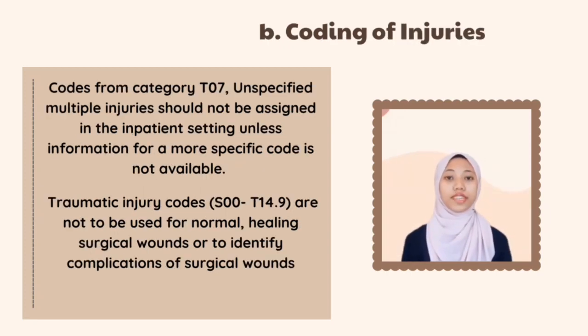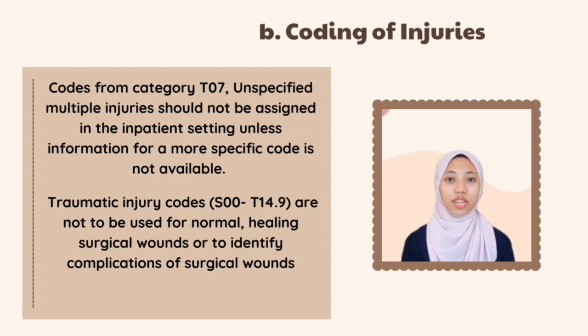When coding for injuries, assign separate codes for each injury unless a combination code is provided, in which case the combination code is assigned. Code from category T07, unspecified multiple injuries, should not be assigned in the inpatient setting unless information for a more specific code is not available.